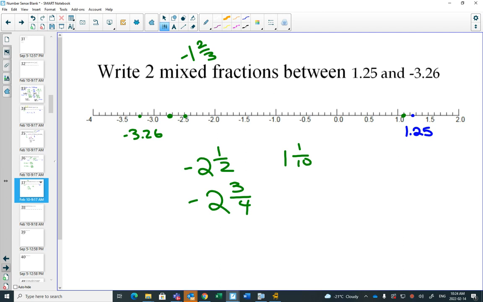Oh. -2 and 1/5. So -2 and 1/5 would be right there. Bigger or smaller? Smaller.